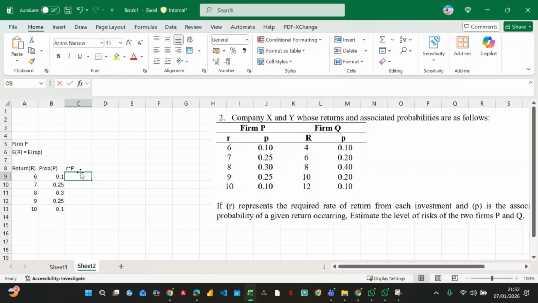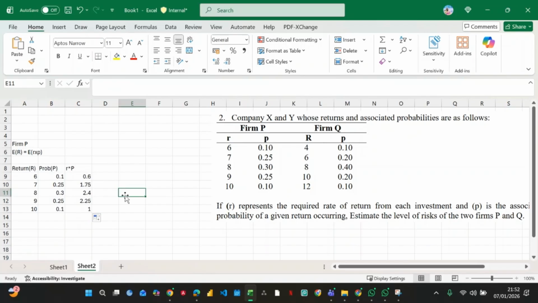Now we are going to multiply this one by this one. So we say equals this multiplied by this, and this is what we get.